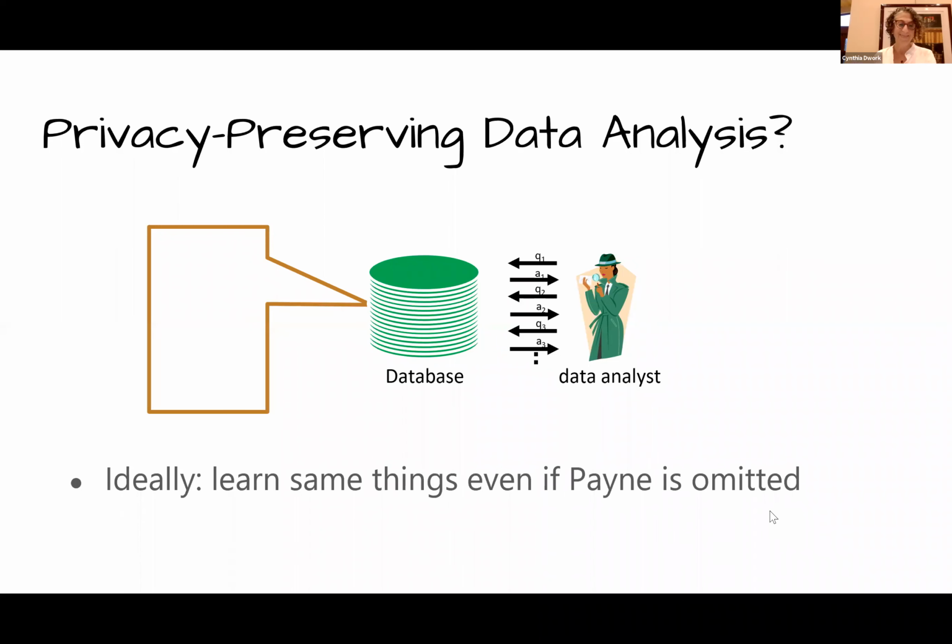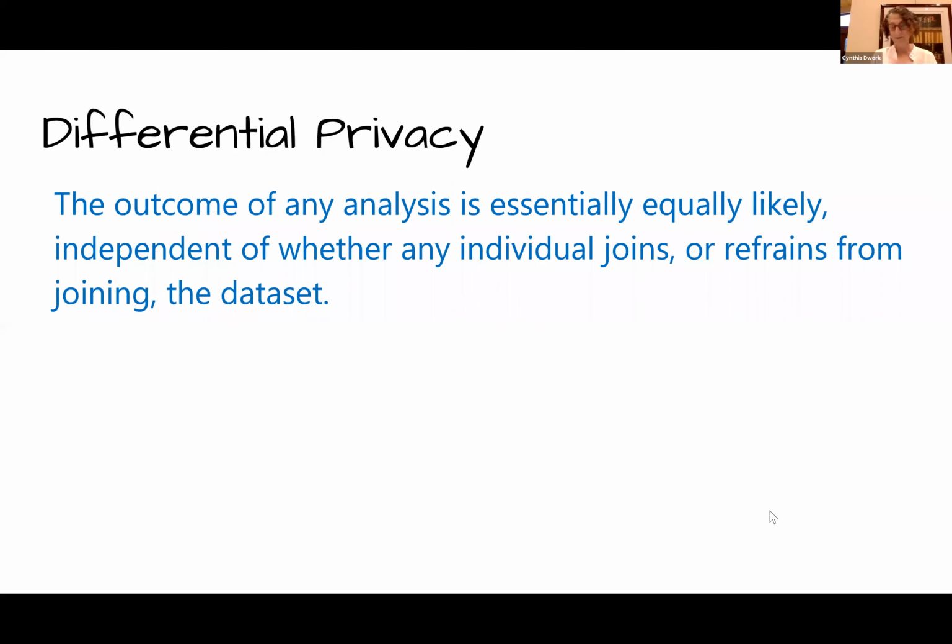Of course, there are limits to what you can do with this kind of ideal, because otherwise we could keep eliminating people and we'd be asserting that what we learn from the database as a whole should be the same as what we learn from an empty database, and then we wouldn't be learning anything and there would be no purpose.